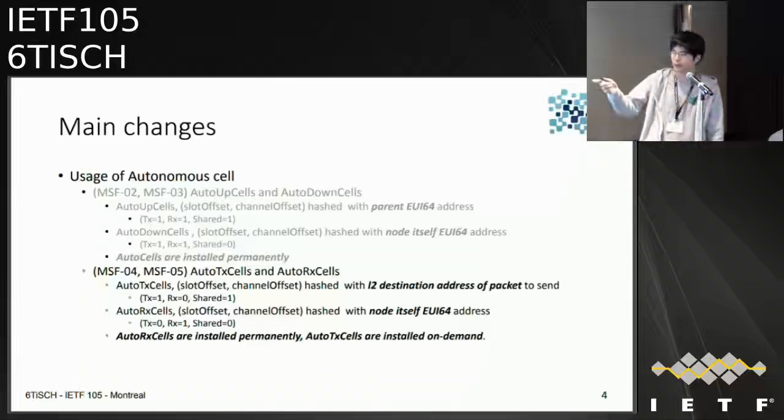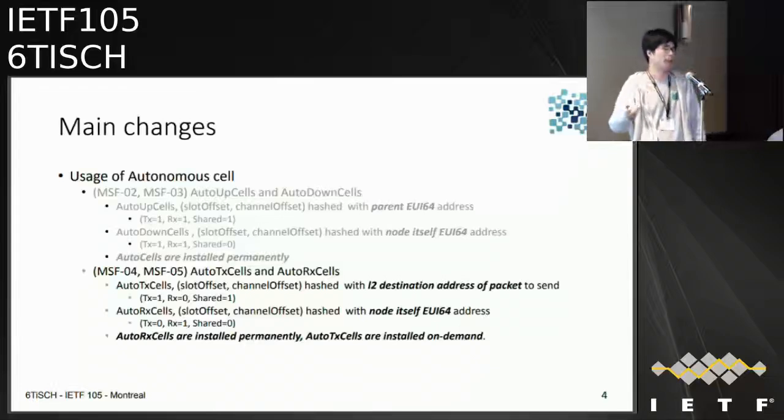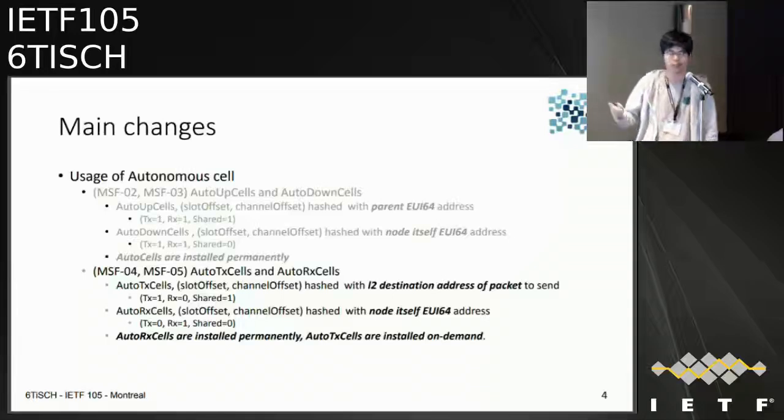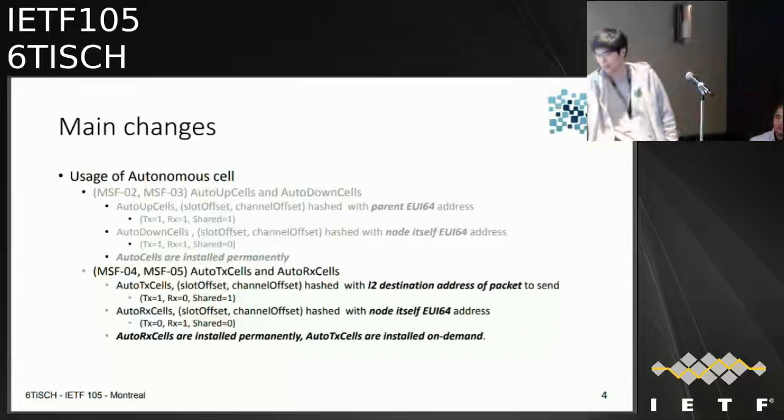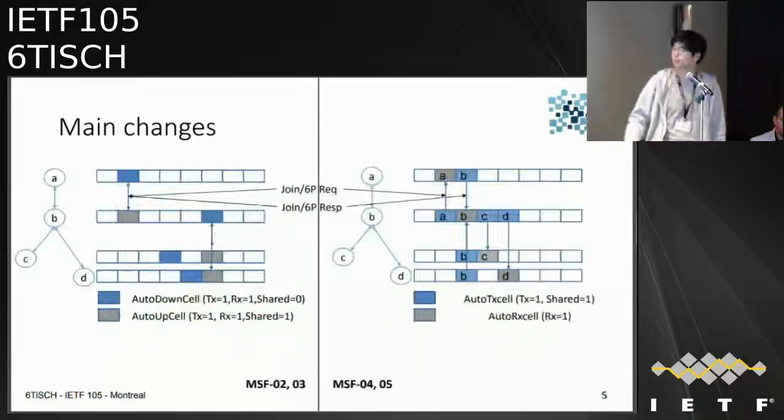The slot offset and channel offset for the auto TX cell are again calculated based on the neighbor's MAC address. Once you don't have any frame to transmit to the neighbor in your TX queue, you can remove the auto TX cell. So auto TX cell is expected to be removed automatically, which is why we call it on-demand scheduling.